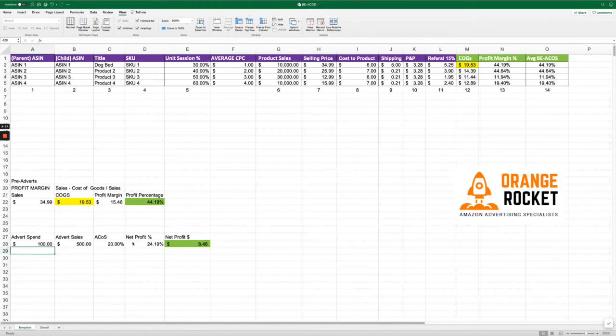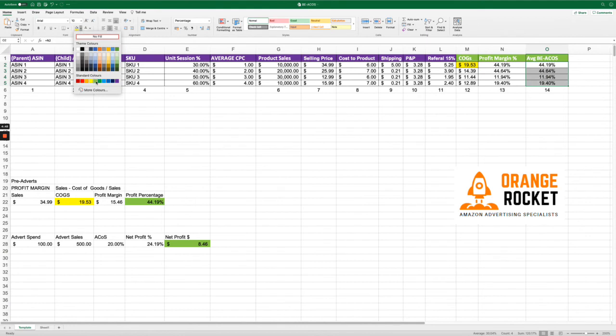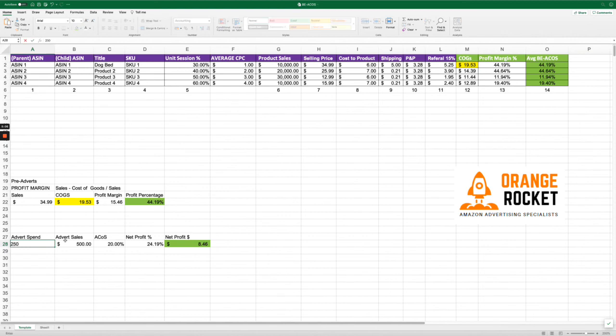So that's kind of where we calculate net profits, and we use these to do what we would regard as one of the most important calculations as a starting point, which would be break-even ACOS, which is the same as profit margin. So that we know if our ACOS was to go above our profit percentage, if we went up to, I don't know, about 200, then we're going to be making a loss.